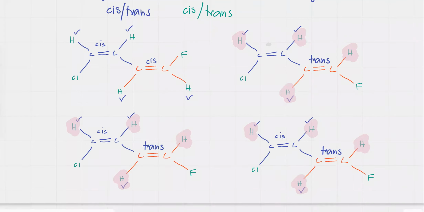I'm going to make the H point downwards. So there's going to be a completely different molecule where the H and Cl are still connected to the same carbon atom, but in a different way. So that's our trans version now, because the H is now pointing in opposite directions.